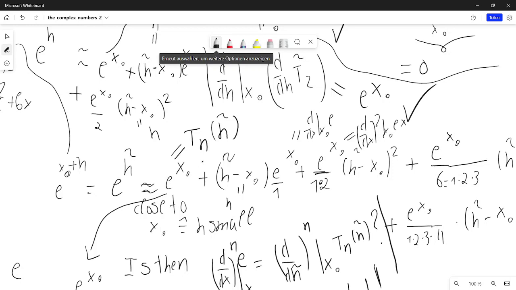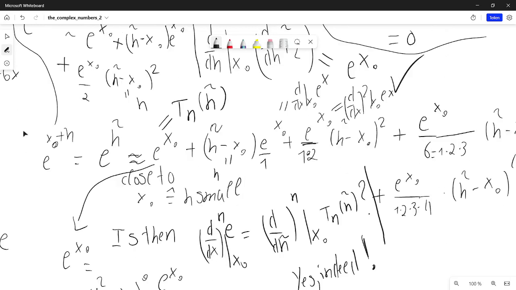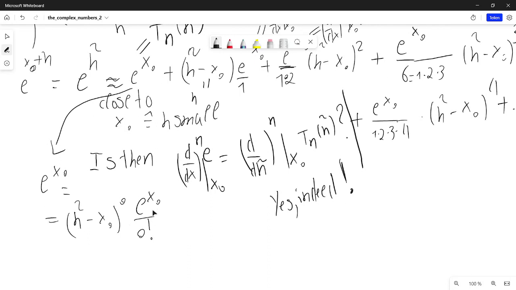Here we plugged in third derivative at x0 and so on. Here, customarily, we just call this zeroth derivative. Zeroth derivative is kind of function itself at x0. Right.